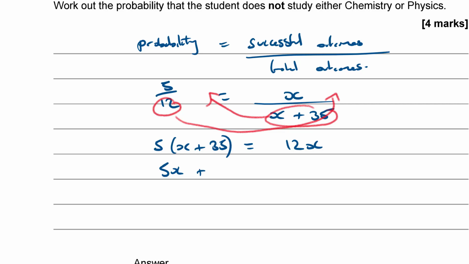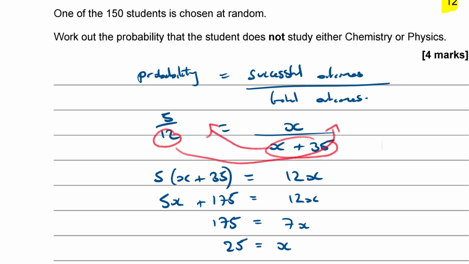What's that? 70, 140, 175. Plus 5x is equal to 12x. Okay, taking 5x off both sides, 175 then is equal to 7x. And 175 divided by 7, 25. So that tells me x is 25.